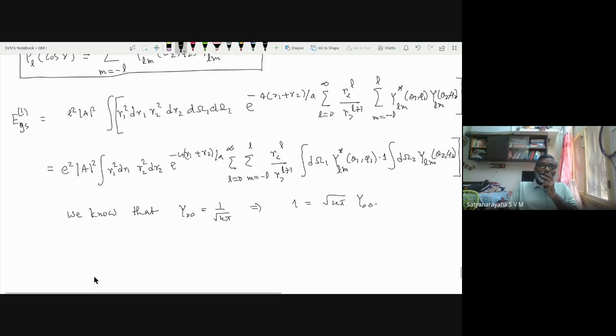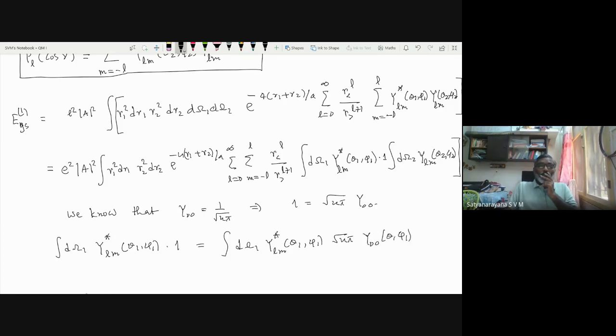So then you can see that integral d omega 1 into YLM star of theta 1 comma phi 1 into 1, that can be written as integral d omega 1 YLM star of theta 1 comma phi 1 into root 4 pi into Y00 of theta 1 comma phi 1.